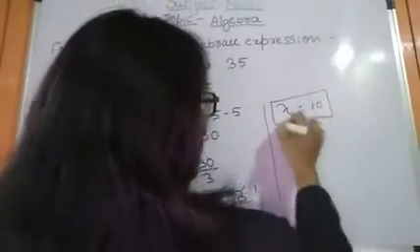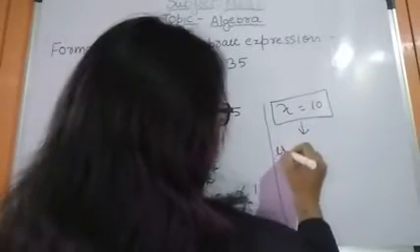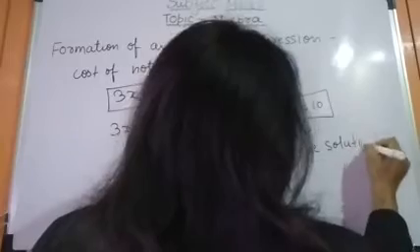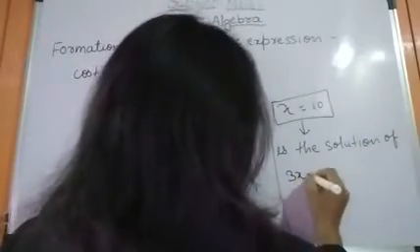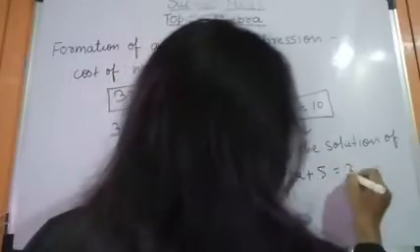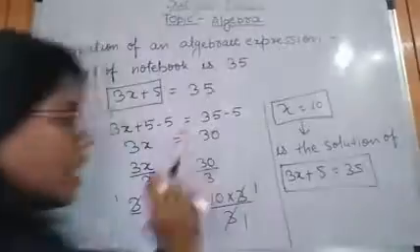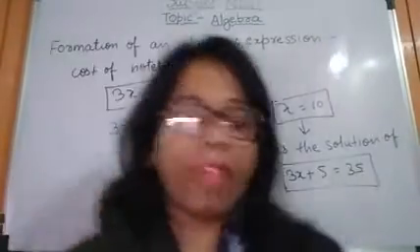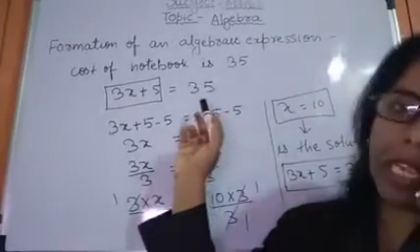This x is equal to 10 is the solution of 3x plus 5 is equal to 35. Means x is equal to 10. For this equation, the value of x will always be 10.